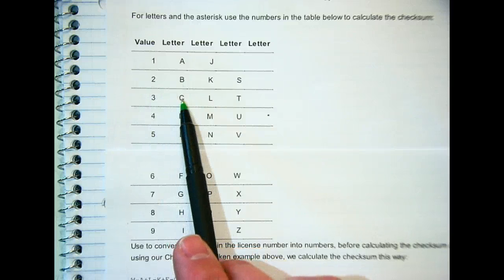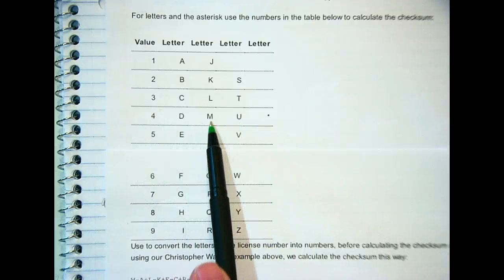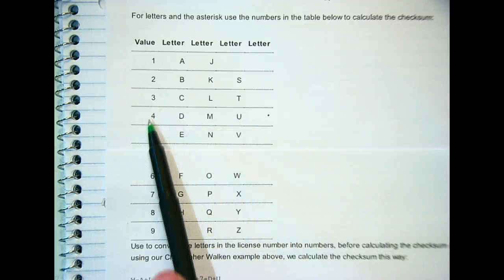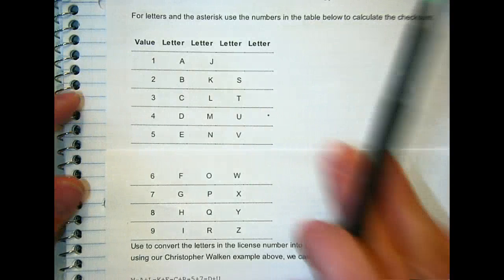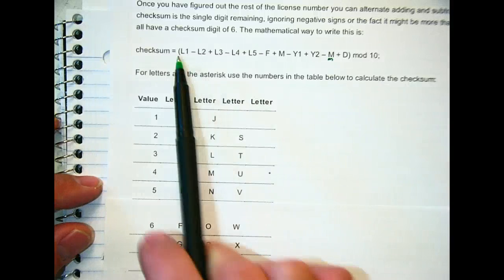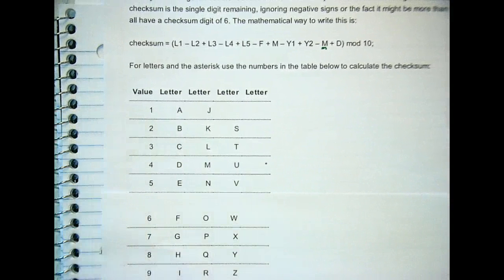If it's a letter C, it's a value of 3, and so on. Letter U is a value of 4. Letter M is a value of 4. Asterisk is a value of 4. So when we're putting it into this formula, we're using these values. Okay? Yeah? What would the star represent? 4. Asterisk, yeah.